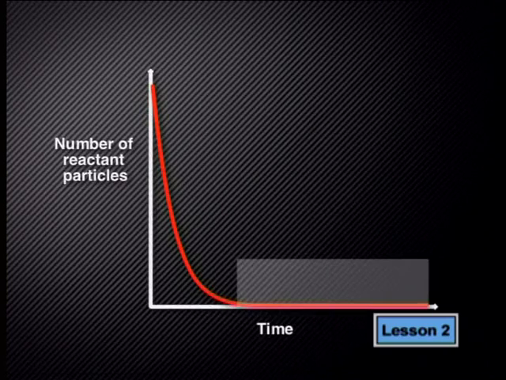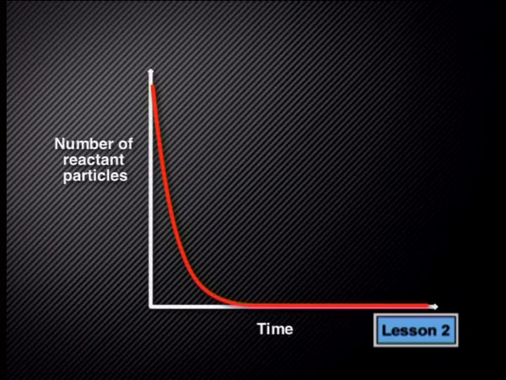Eventually, all the magnesium atoms and oxygen molecules have reacted, as shown by the steep curve on the graph. Notice that the gradient of the curve is negative because the reactants are being used up.